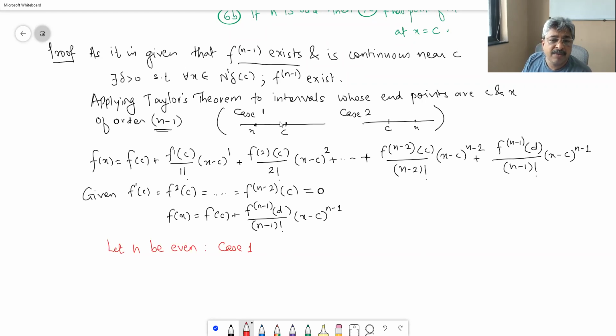So if x is to the left of c, x minus c is less than 0. Right? Implies x minus c raised to n minus 1, where n is even, so this is odd, is also less than 0. So this quantity is negative. This quantity is a factorial, it is positive. Okay, so therefore now the slope of the curve at x is equal to c.